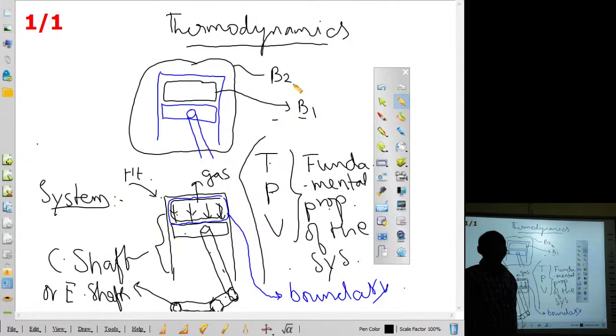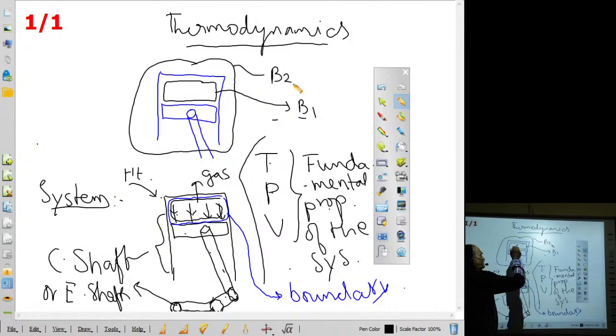So, note that point. The definition for a surrounding is that any matter that is outside the boundary and affects the behavior of the system inside is defined as a surrounding. So, system, then boundary, then outside, surrounding. Now, gas inside, we have got a boundary.